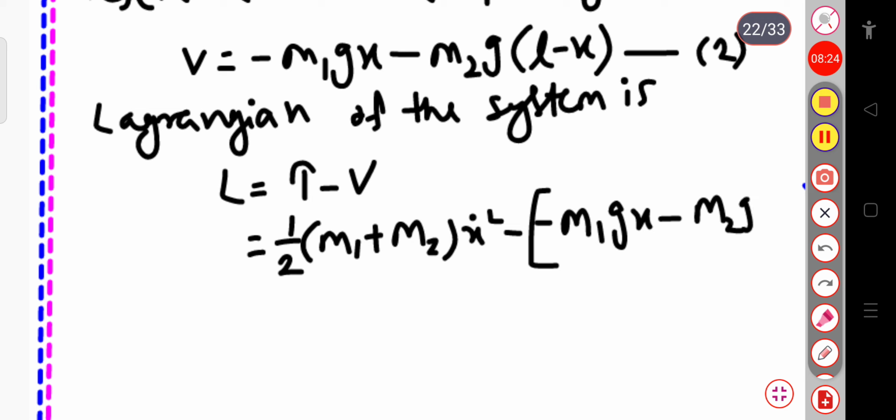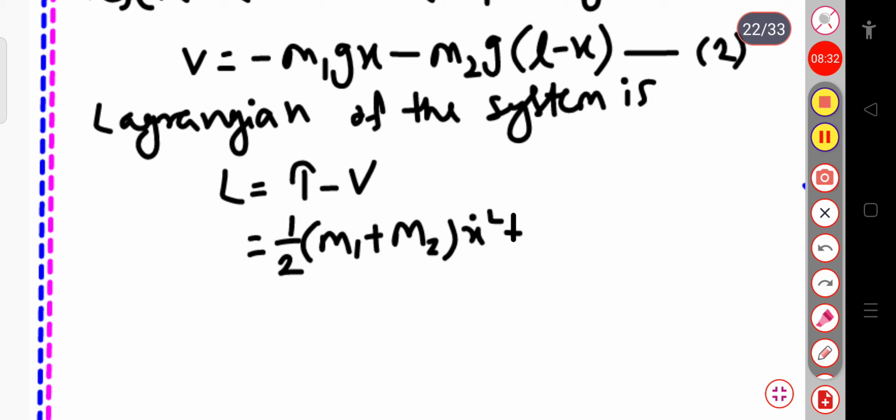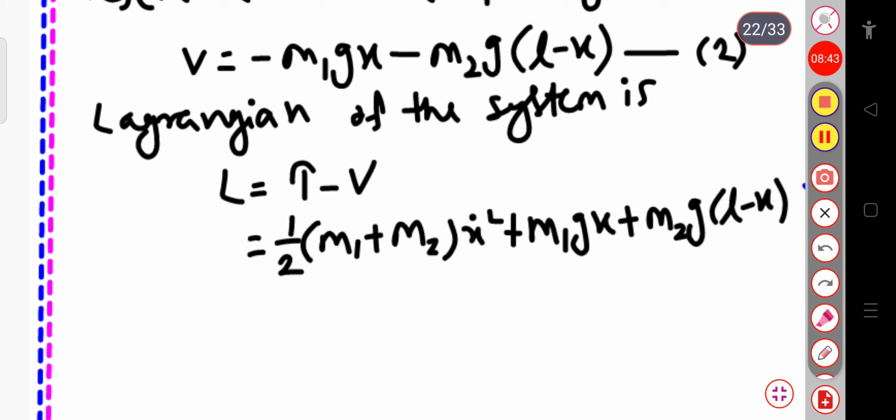Or if I directly write it, the minus multiplied with the minus becomes plus, so this will be plus m1 gx plus m2 g into (L minus x). So this is the Lagrangian.